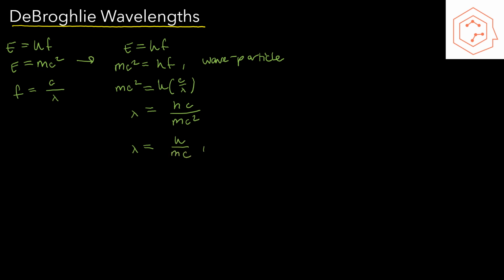And to generalize for all objects, the speed that they're propagating at is simply the speed that they're traveling at. So we get de Broglie's wavelength for all matter is equal to Planck's constant divided by the mass of the object times the speed that it's traveling at. And you might see this expressed as Planck's constant divided by the object's momentum.